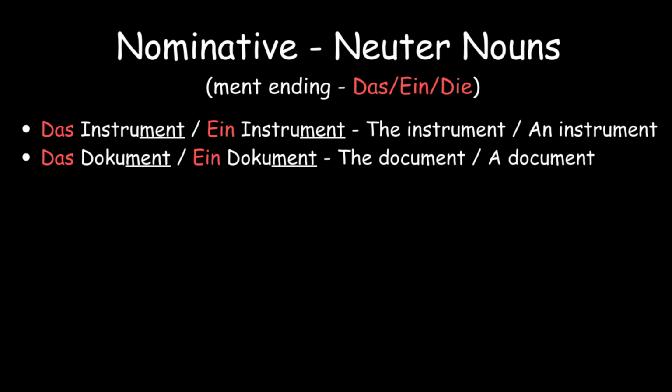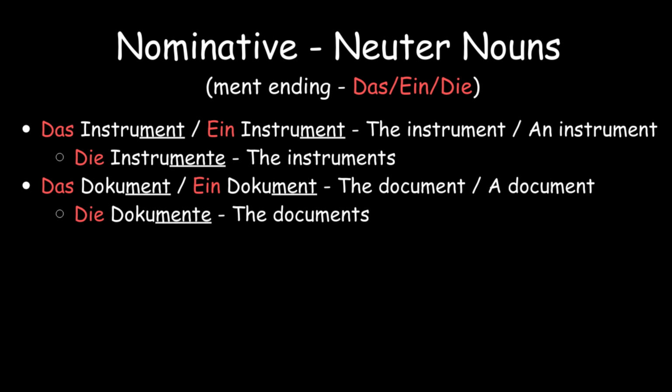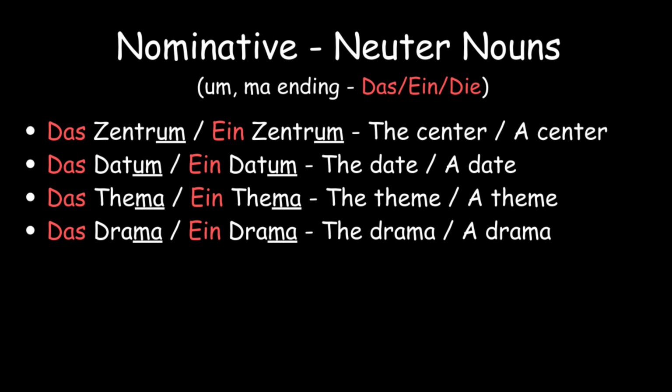Here we have neuter nouns ending in -ment. Das Instrument, ein Instrument. Das Dokument, ein Dokument. To pluralize them, we add -e. Die Instrumente, die Dokumente. Here we have neuter nouns ending in -um and -ma.